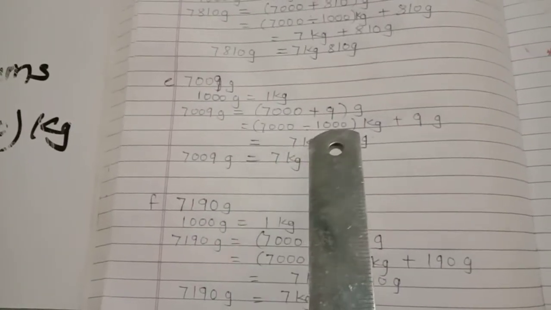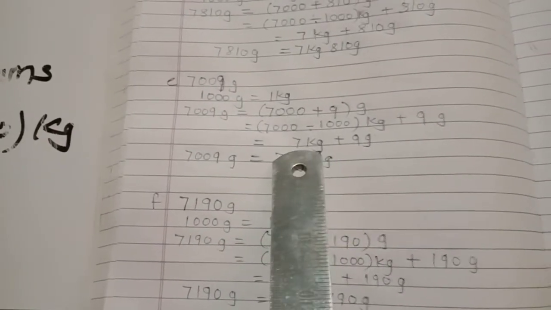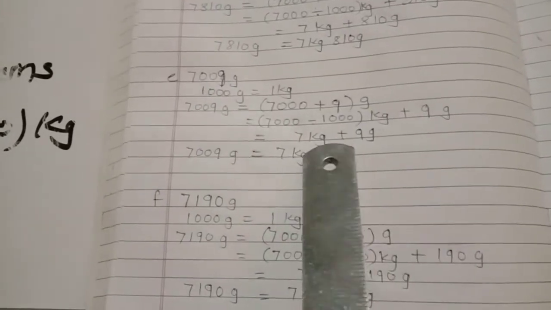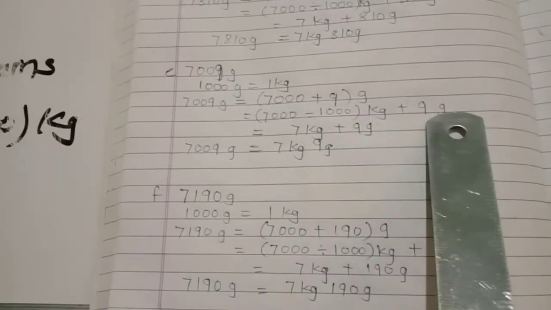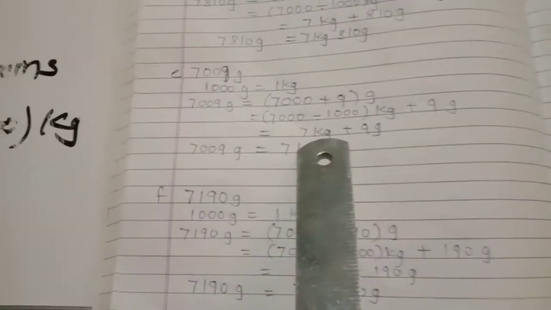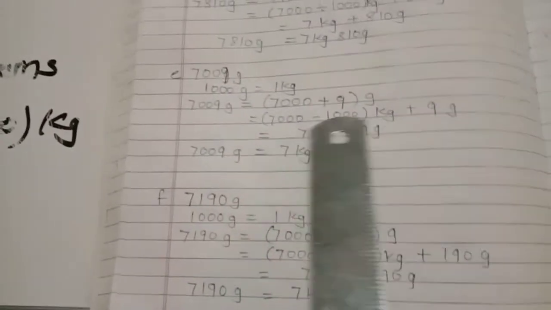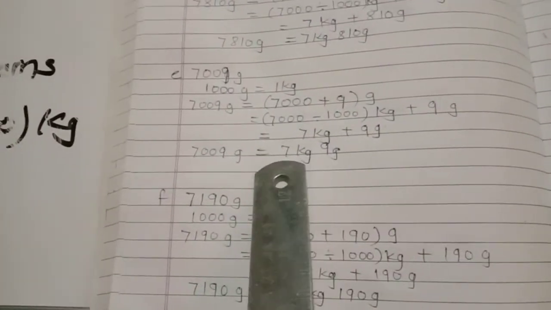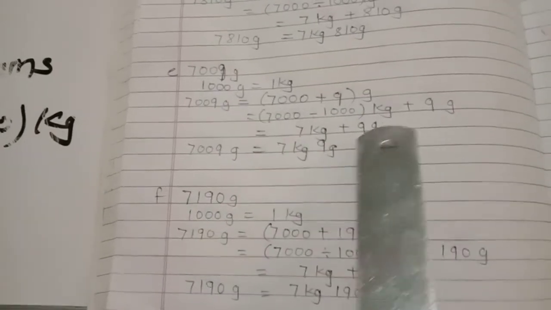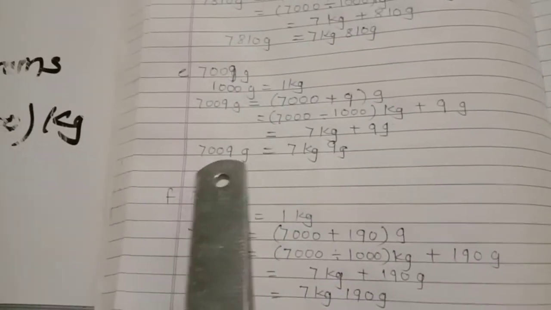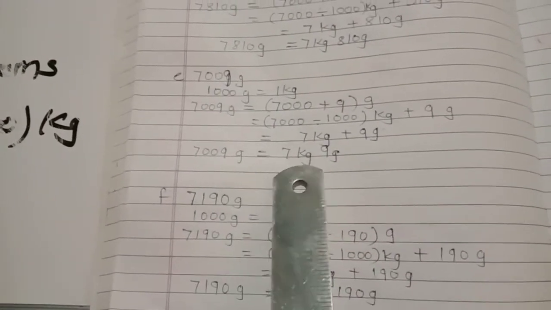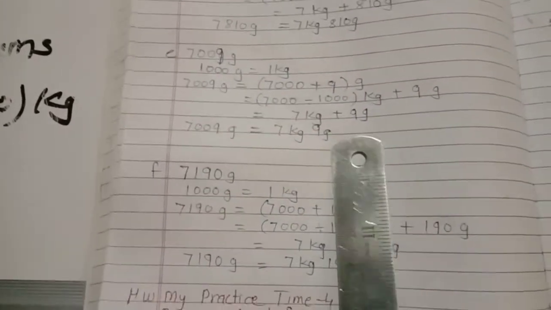So 7000 divided by 1000, 7, that is the kg unit, plus 9 gram. So here kilogram and gram, so don't add it. So you write down 7 kilogram and 9 gram. So 7009 gram is equal to 7 kilogram and 9 gram.